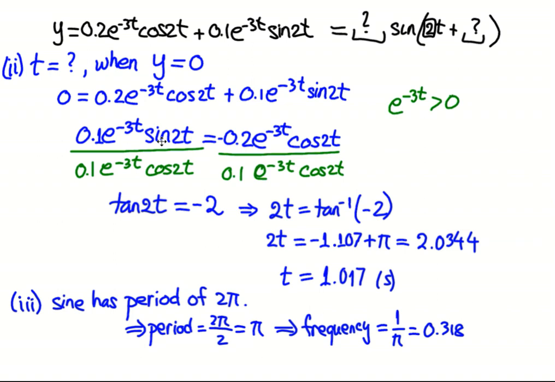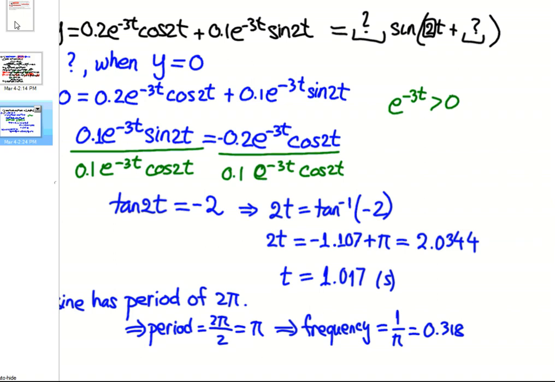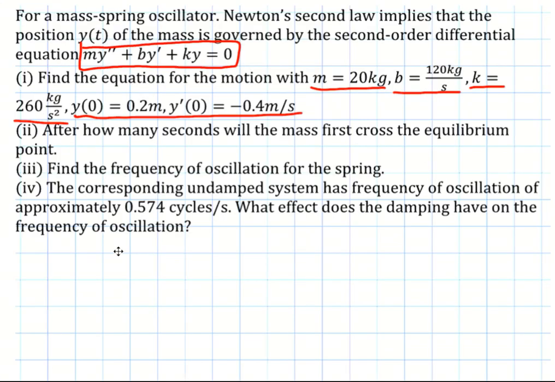Right. Next, the next part of the question, I will go back to the first page. The corresponding undamped system has the frequency of this, which is higher than the number we have. So we say that the damping will significantly decrease the frequency because of the friction.